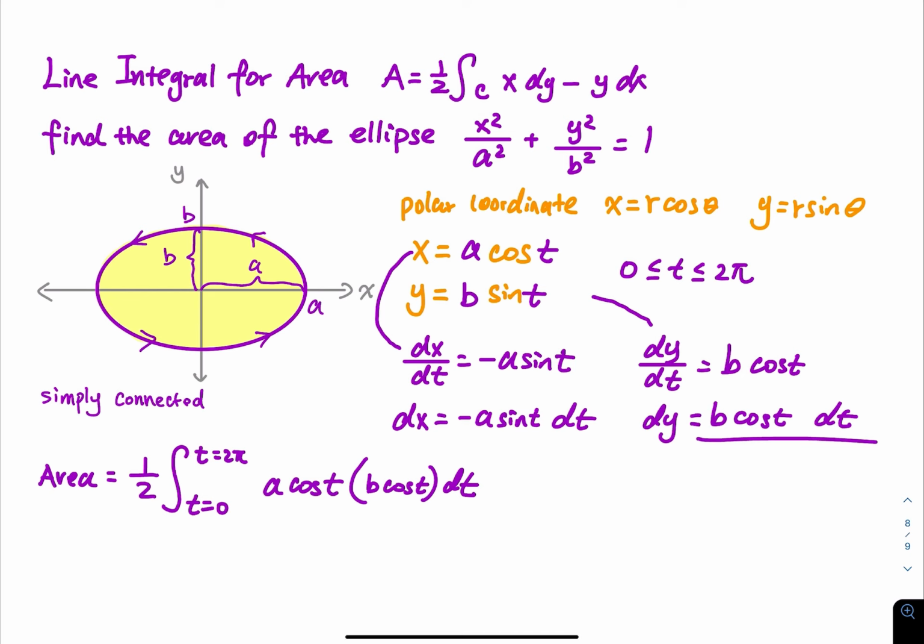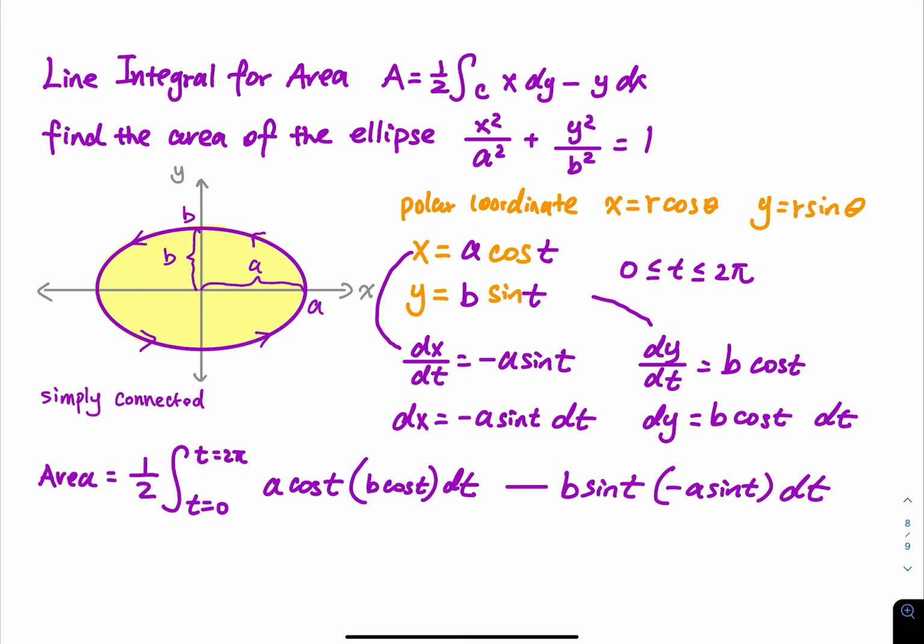That is what dy is in terms of t. And then we have a minus, this minus. So minus y, which is b sine of t, and then dx is right here, negative a sine of t dt. Usually the integrand is very easy.